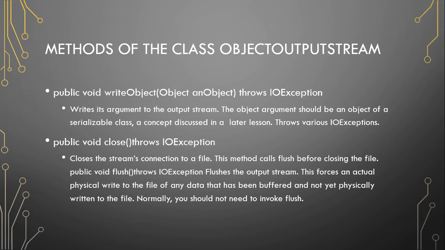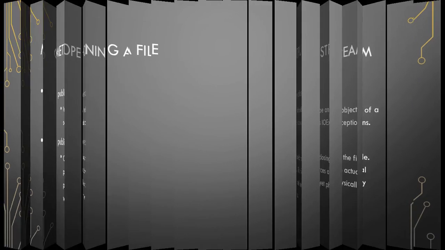Close is very important to close your stream's connection to the file. This method calls flush before closing the file. Public void flush throws IOException will flush the output stream. This forces an actual physical write of the data that has been buffered and not yet physically written to the file. Normally, though, you do not need to invoke flush because if you close, it takes care of things.